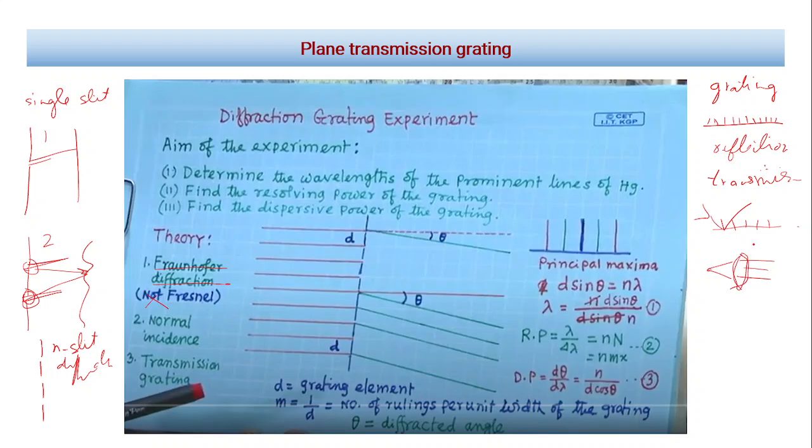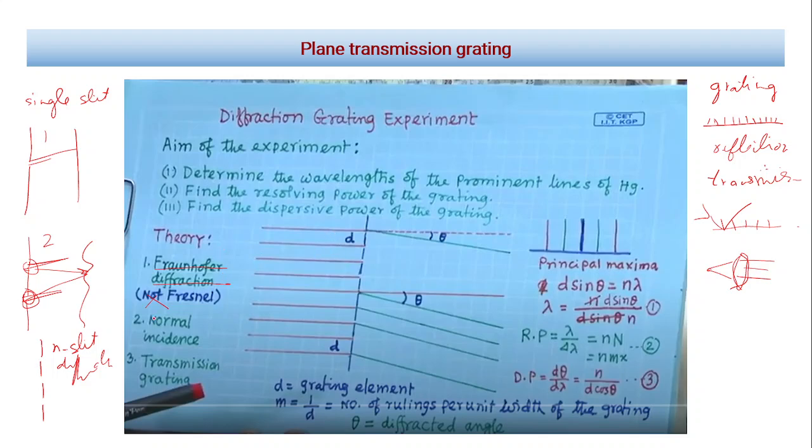This we have understood in the first or second week of these sessions: when we keep the source at the focus, the image will be formed at infinity. So we use this trick to get the rays coming parallel, as if they are coming from infinity, and our Fraunhofer condition is satisfied.